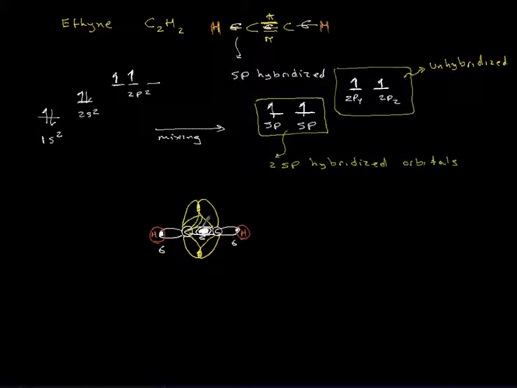So you have to use your imagination. So this is my second pi, this one here. So in a triple bond, you always have 2 pi, 1 sigma, and it's overlap of unhybridized orbitals.